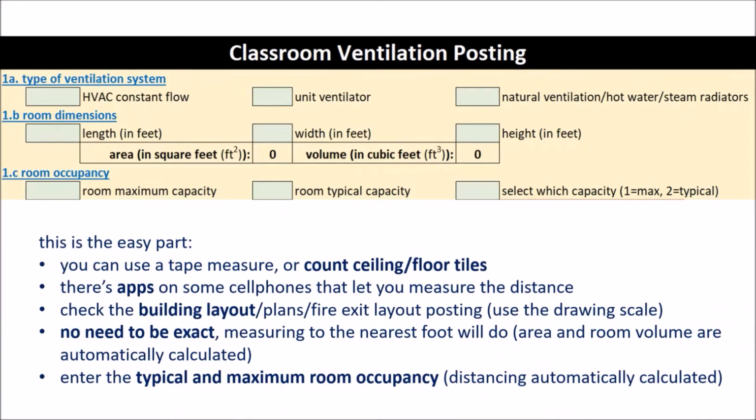You don't need to be exact. The nearest foot will do. And the area and room volumes are calculated automatically, so you don't have to do that math. And you can enter both the typical and the maximum room occupancy, and you can pick which one you want to use to do the calculations.